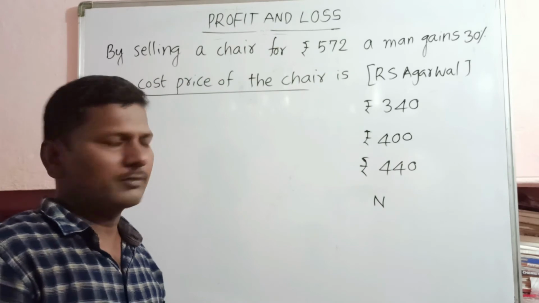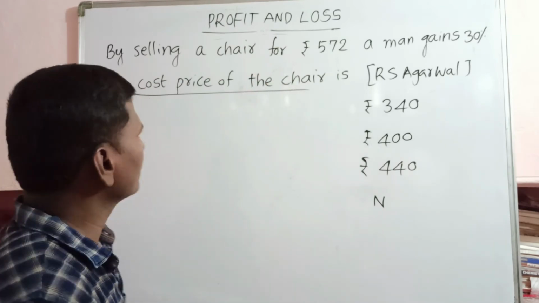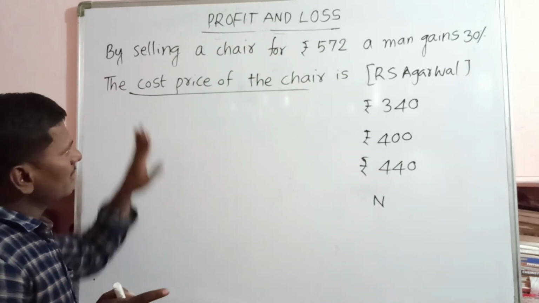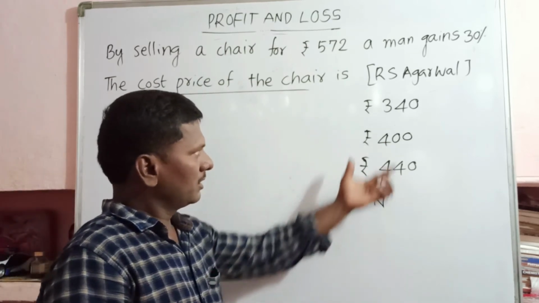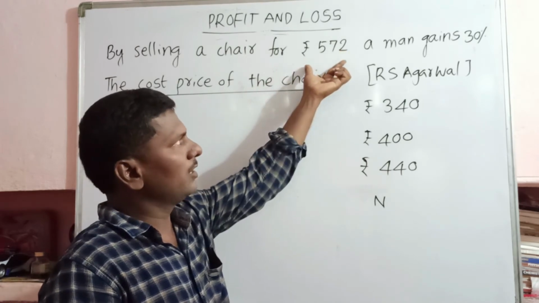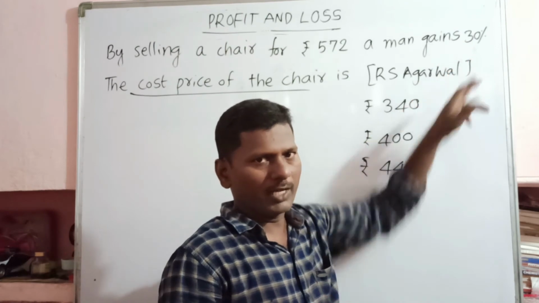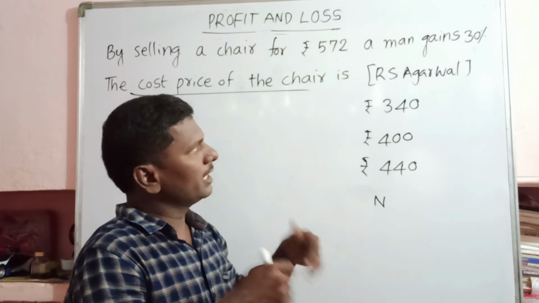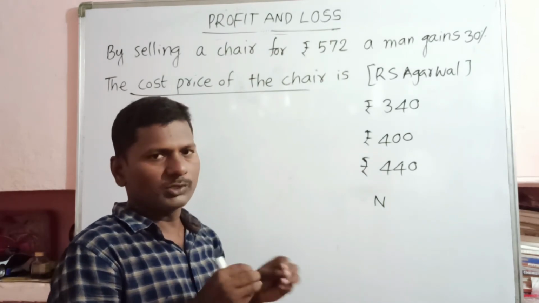Now we will solve the same question using a simple method. Here we have to find out the cost price of the chair. If you observe, the answers are less than this number. Only one value, 572, is given and one percentage value is given. Whenever you are given a percentage and one value in any chapter, just use common sense, use this logic.